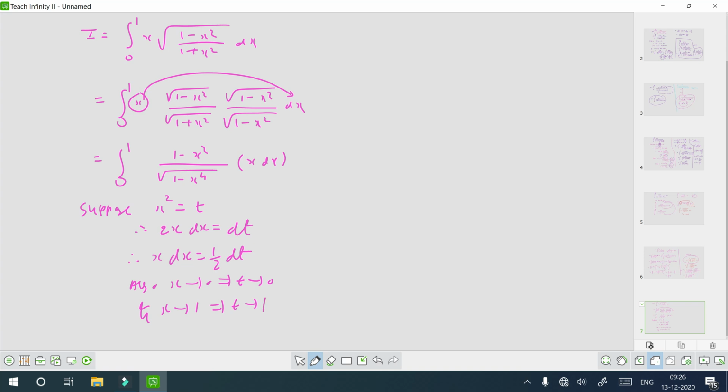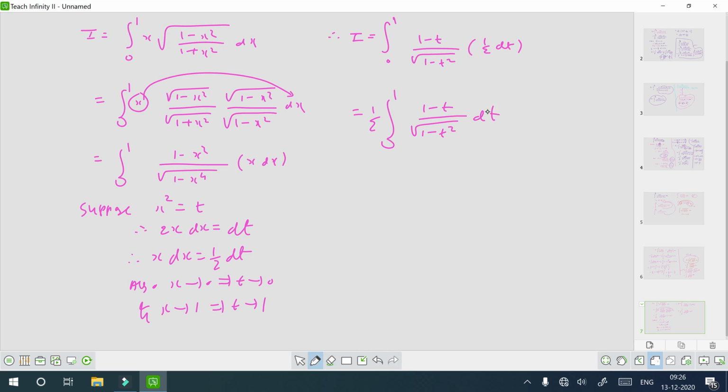So what is I? Therefore, I is equal to 0 to 1, 1 minus t over under root 1 minus t square into half dt. So that is equal to half, 0 to 1, 1 minus t over under root 1 minus t square dt.